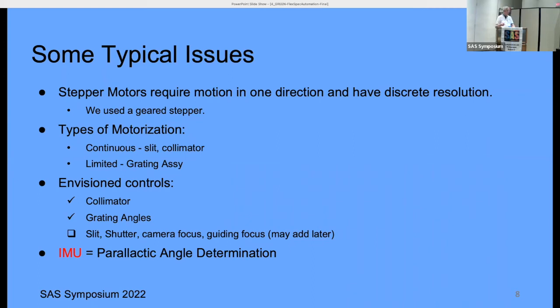This thing also has a built-in IMU, which is an inertial measurement unit. As you go up under the sky, your slit's going to be misoriented with respect to what we call the parallactic angle. All we have to do is very carefully put our unit together. So we zero out one axis, the axis of our choice.